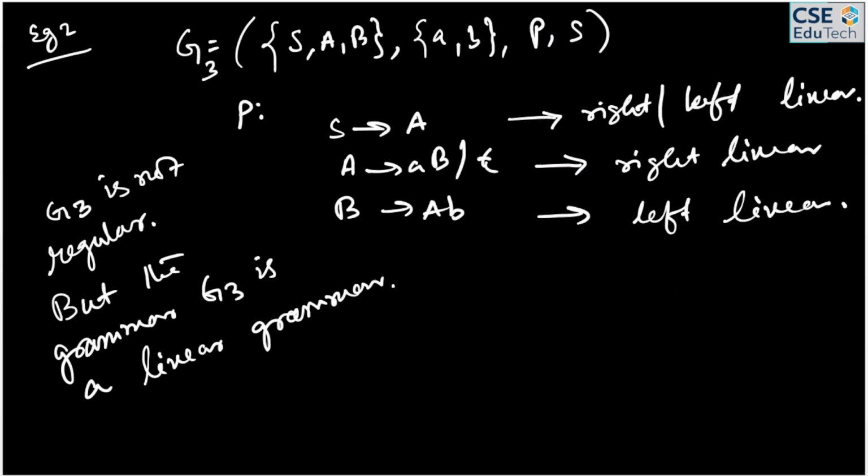That's why, though G3 is not regular, because regular grammar means either left linear or right linear, here the productions are mixed. This may be right or left linear. It is right linear, but it is also left linear. So that's why it is a linear grammar, but it is not a regular grammar. Okay. So thank you.